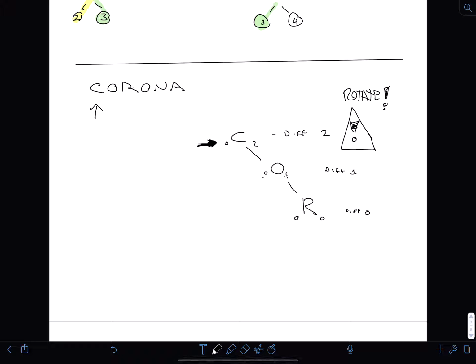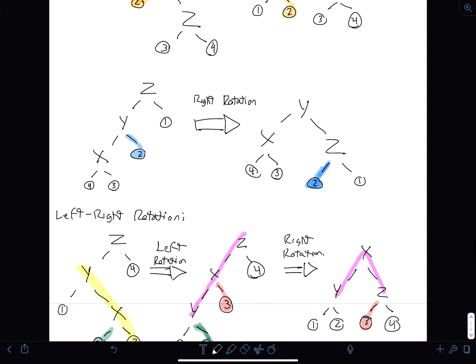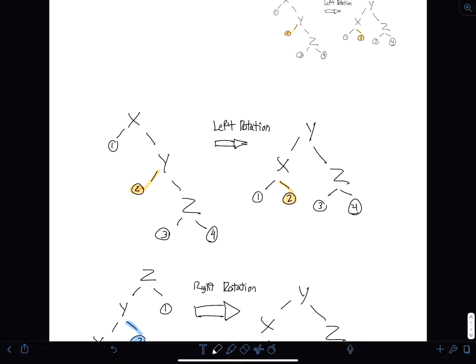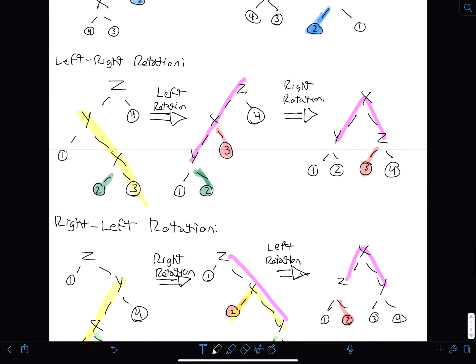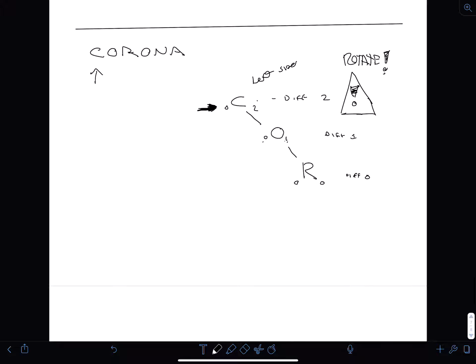In this case, the left side is the bigger one, the one that's heavier, per se. And if we look up here, the left rotation alleviates the left side when it's heavier. So that's one way that you could identify the one that you should call. So anyways, you call a left rotation.